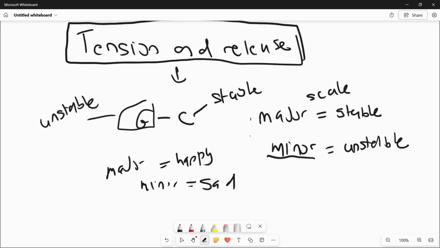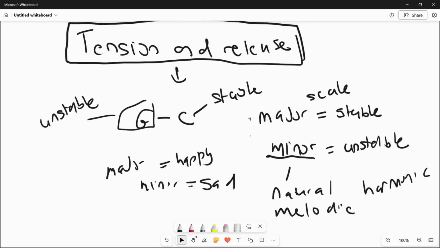Hence why in minor scales we have three types of scales: natural, melodic, and harmonic. Because we're trying to resolve, and we're trying to create tension.